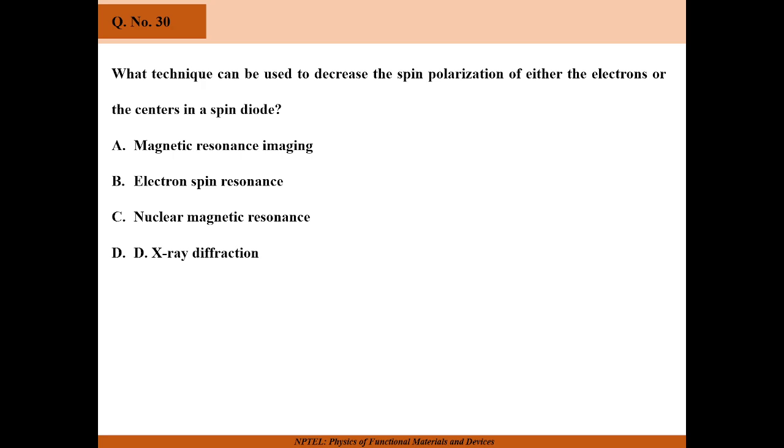Magnetic resonance imaging, electron spin resonance, nuclear magnetic resonance, or X-ray diffraction. Electron spin resonance is the correct answer.